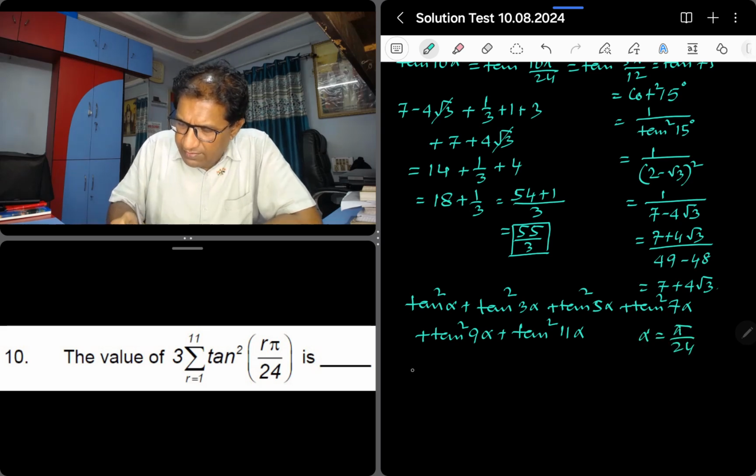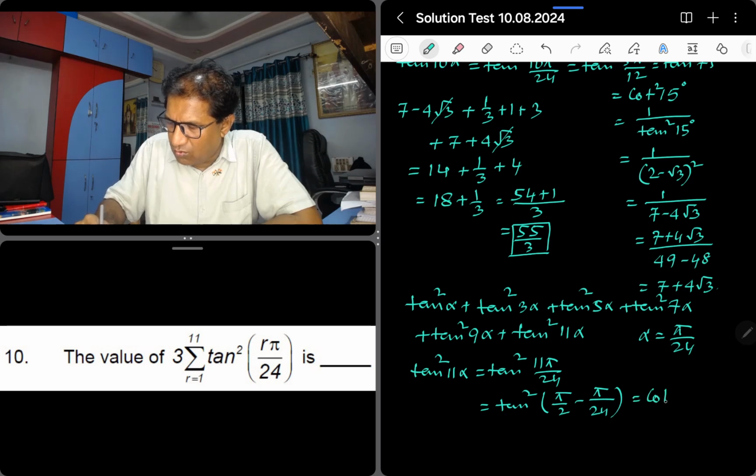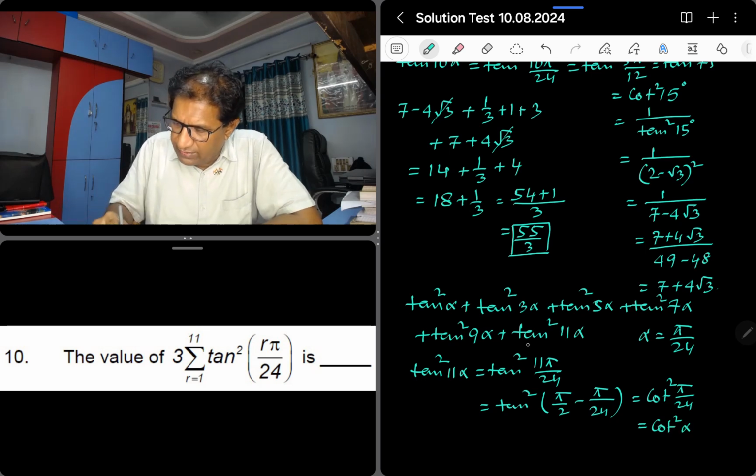So now in this case, tan square 11 alpha is basically tan square 11 pi over 24, which can also be written as tan square of pi by 2 minus pi over 24. So that gives us cot square pi over 24, which is simply cot square alpha, right? So this is basically cot square alpha.